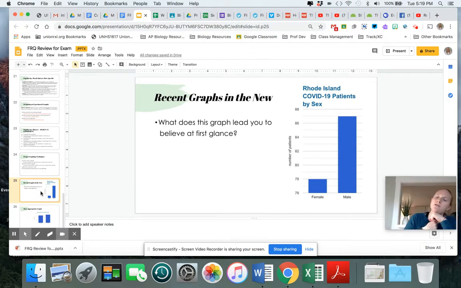But this graph would lead you to believe that males have way more COVID-19 in Rhode Island than females. So you could be looking at this and saying, well, wait, what? Wow, males are getting way more infected. What's going on? But look at the numbers on the side. 76 to 88. That's like nothing.